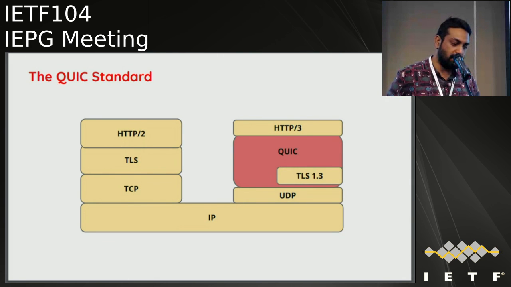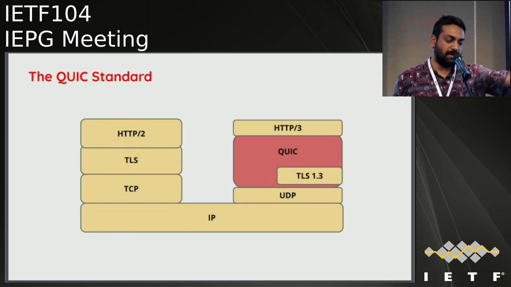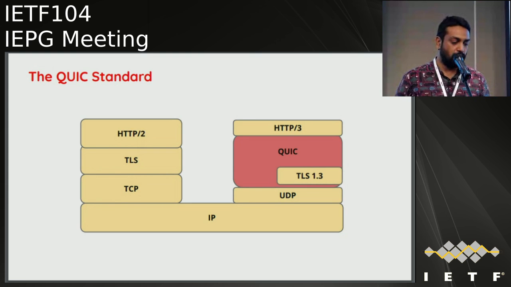So the surface that's exposed to applications on top will remain the same, but HTTP/3 is basically the HTTP mapping over QUIC. TLS 1.3 sits in this strange way right there because QUIC uses TLS to do the exchange, and then when the keys come out, QUIC uses the keys to encrypt its own headers in addition to application data.